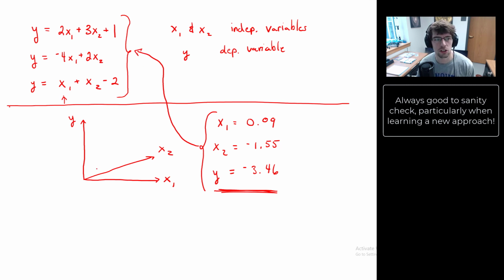Good sanity check. So let's do the top one here. We'll say, is negative 3.46 equal to, question mark, 2 times 0.09, so there's an extra 0 in there, plus 3 times negative 1.55 plus 1.